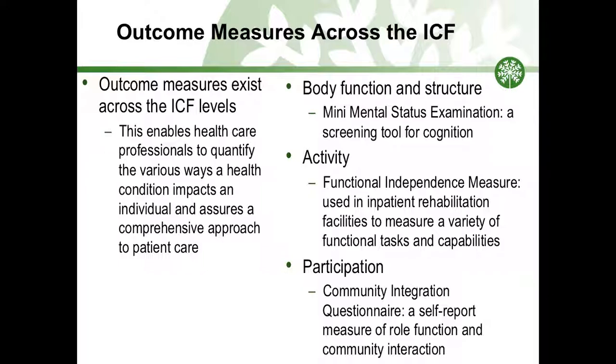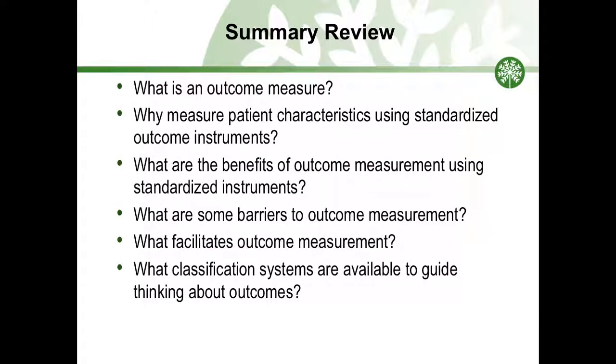For activity, the Functional Independence Measure, otherwise known as the FIM score, can measure somebody's ability to do functional activities, perhaps after a stroke. And then participation, there's a Community Integration Questionnaire, which is a self-report measure of role function and community activity. So there are many outcome measurement tools that are useful depending on what you're working on with your client.